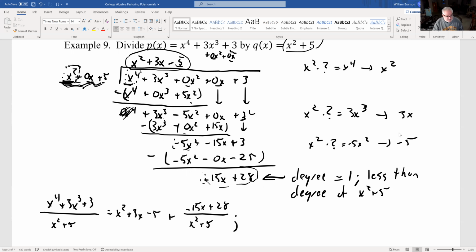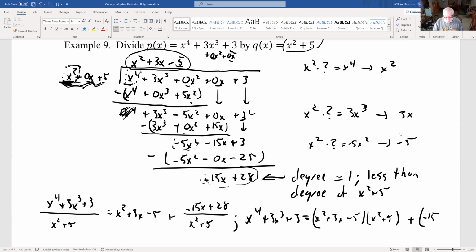The other way to write it is just multiply everything through by x squared plus 5, and that gives me x to the fourth plus 3x cubed plus 3 equals x squared plus 3x minus 5 times x squared plus 5 plus the remainder, minus 15x plus 28.